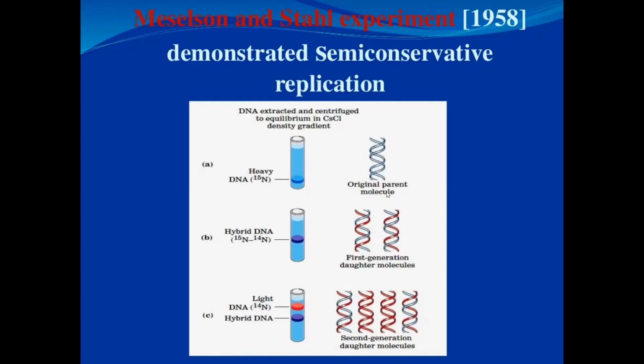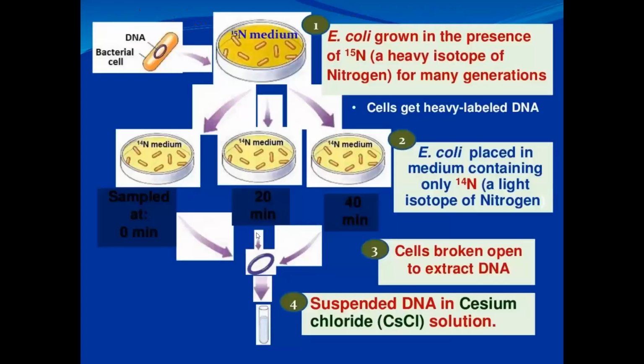This was there in the original parent molecule, and then it was incorporated with DNA in liquid containing the nitrogen 14 isotope. I can explain this experiment more clearly in a petri dish. Here they have taken the nitrogen 15 isotope.